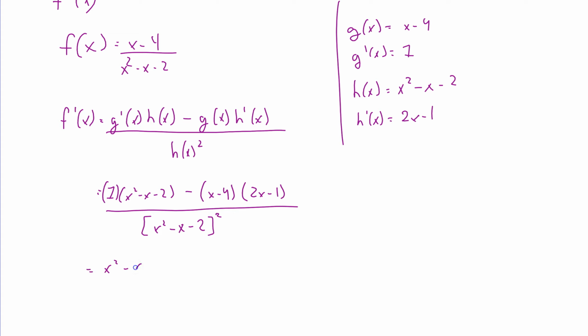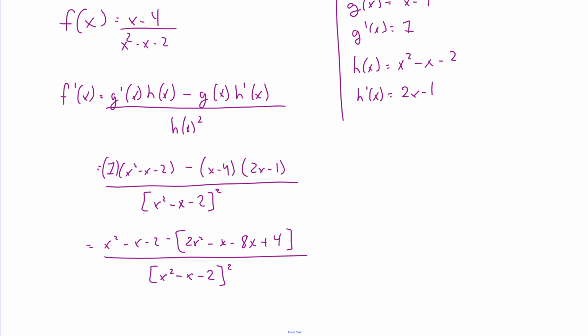So we have x squared minus x minus 2, and then we have minus 2x squared minus x minus 8x plus 4, divided by x squared minus x minus 2 squared. Then I'm going to distribute.